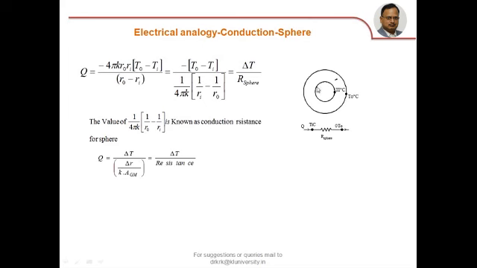It is a hollow sphere with inner radius Ri, outer radius Ro, and this is the wall thickness of the sphere.